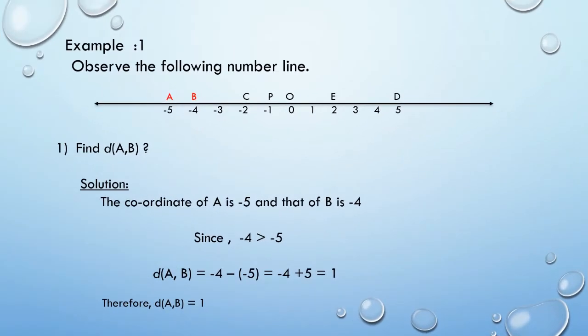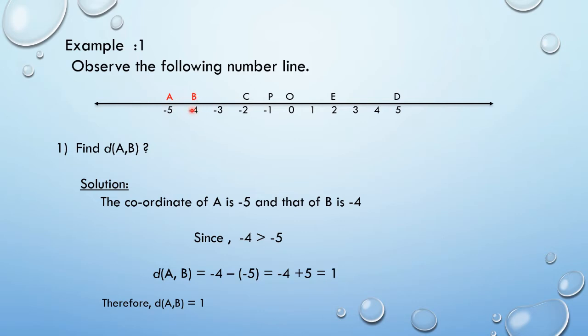Example 1. Observe the following number line and find the distance AB. First write the coordinate of A and the coordinate of B. Solution. In this number line, the coordinate of A is -5 and the coordinate of B is -4.